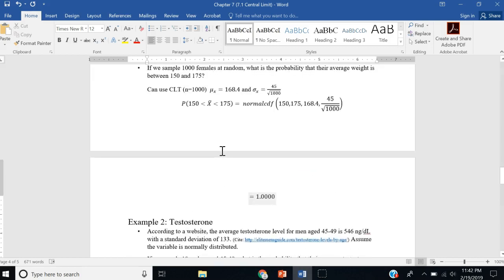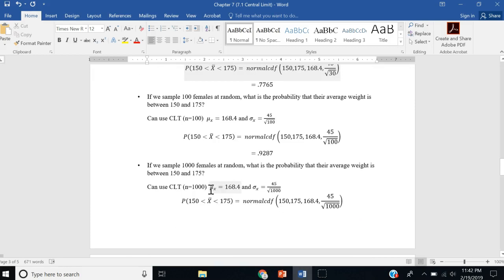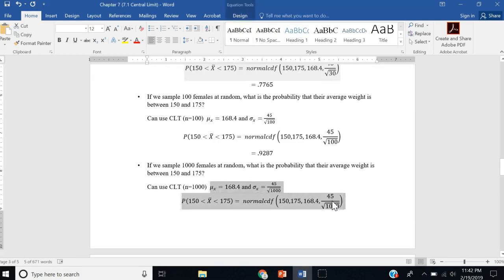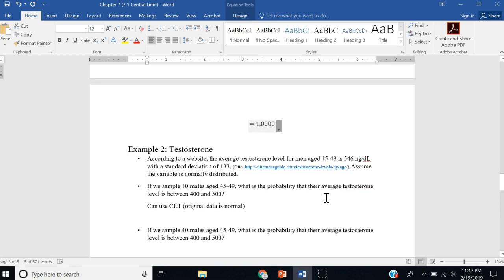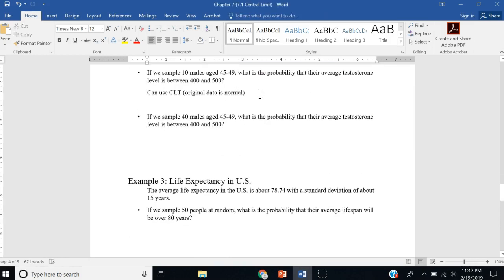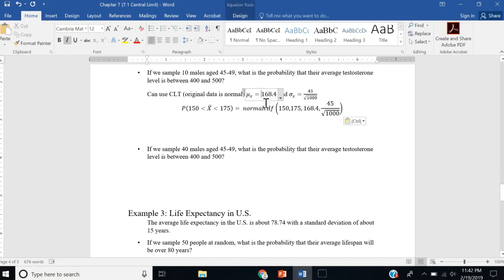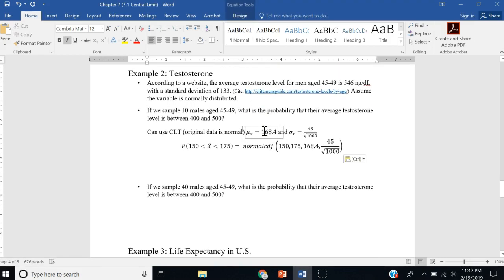Now, when we do that, I'm going to copy and paste just so I don't have to type in everything again. When I do that, we see that the average of my samples of size 10 is going to be my original average, 546. That's what the central limit theorem says. My standard deviation is going to be my original standard deviation, which is 133, divided by the square root of my sample size.